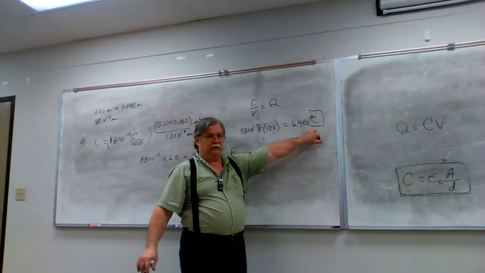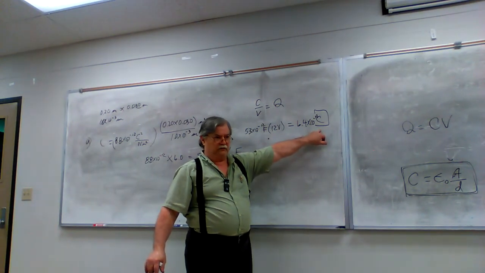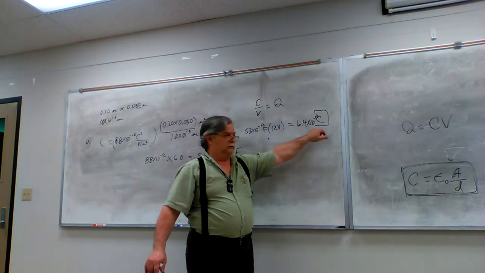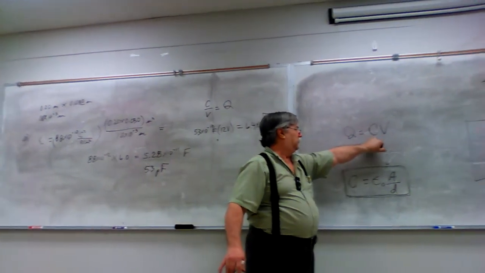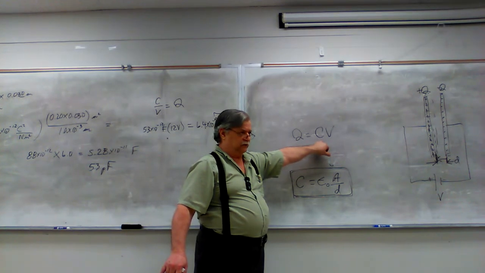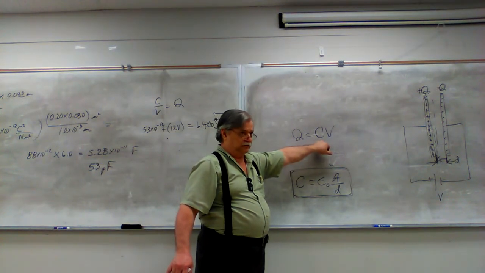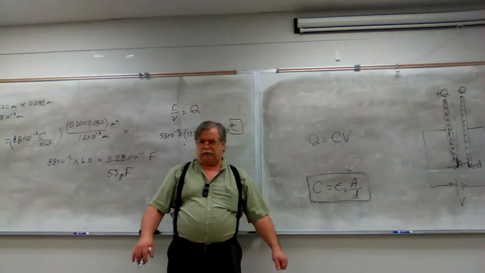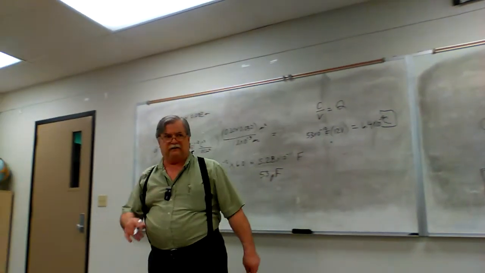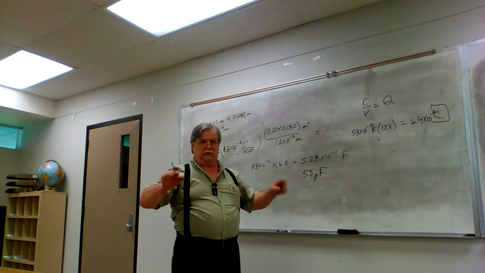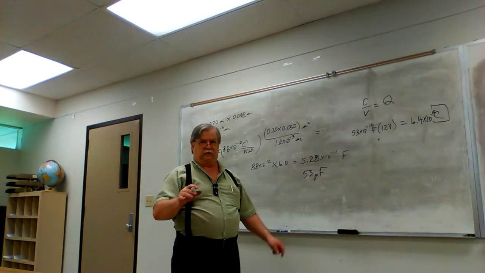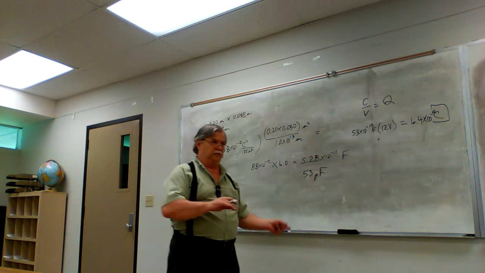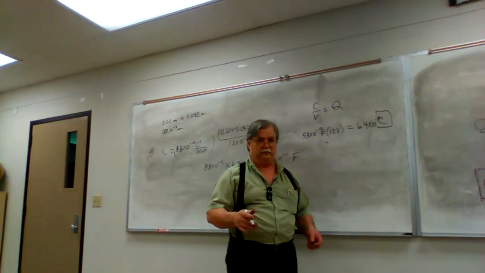The C here is coulombs. It's a unit. Don't let it confuse you with this C, which is capacitance, which has units of farads. Okay? The book, they try to use italics and different kinds of notation in the fonts to keep it straight whether they're talking about capacitance or coulombs.